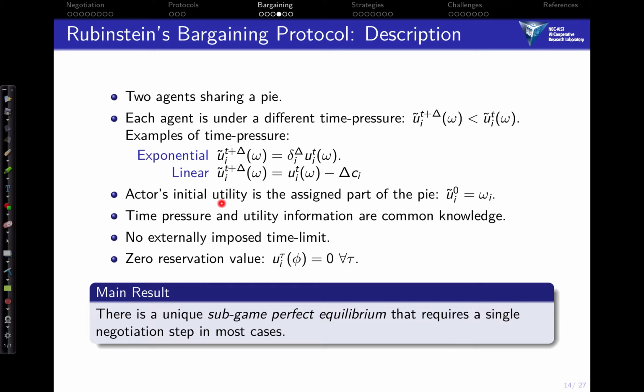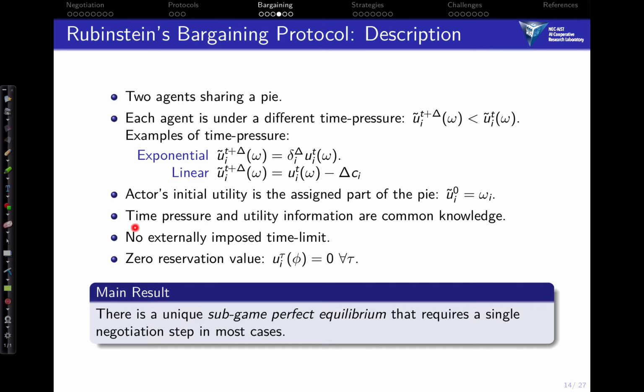And the actor's initial utility is assigned part of the pie. So that is simply the utility of the actor when we start a negotiation. Each one has some assigned part of the pie, and then we change the assigned part during the negotiation. I can offer you a specific assignment, and then you offer me back a different assignment until we get to agreement.